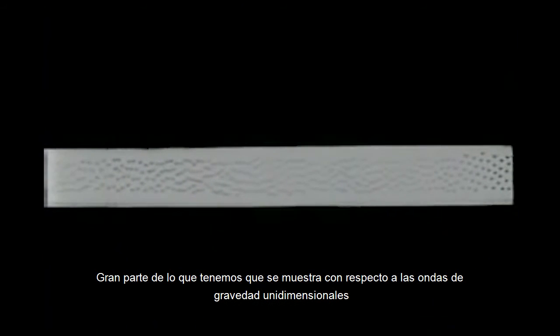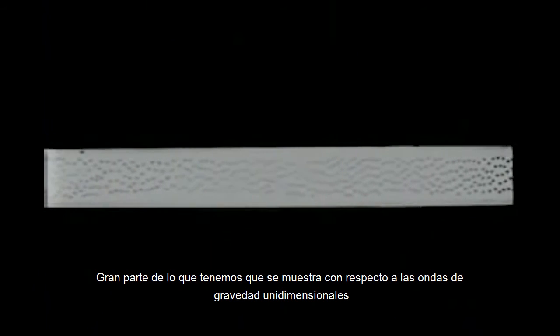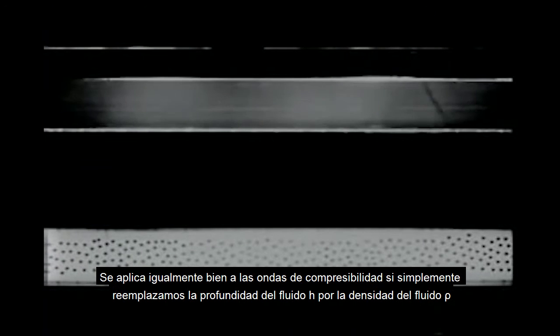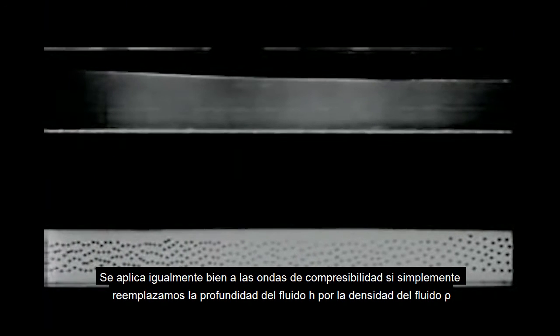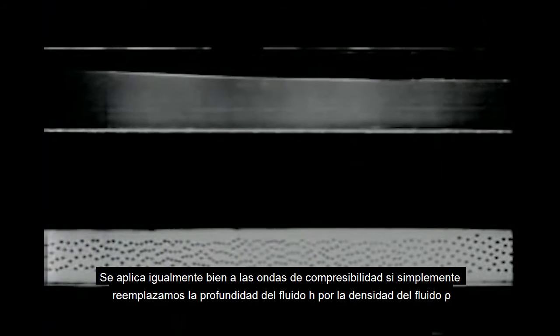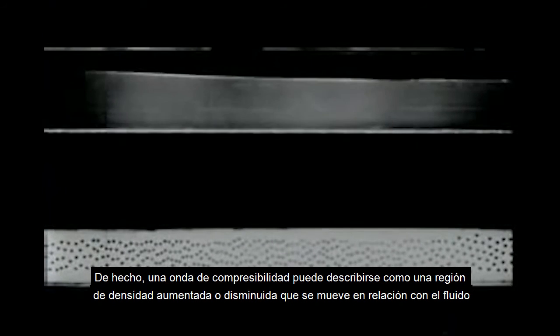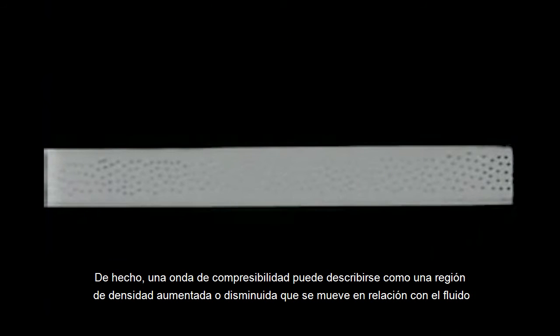Much of what we have shown you concerning one-dimensional gravity waves applies equally well to compressibility waves if we simply replace the depth of the fluid h by the density of the fluid rho. In fact, a compressibility wave may be described as a region of increased or decreased density that moves relative to the fluid.